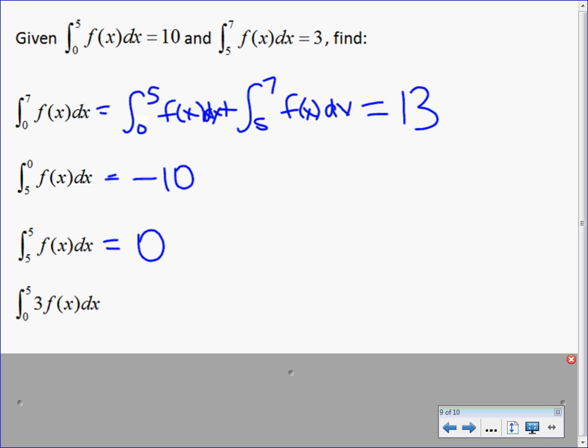The integral from 0 to 5 of 3 times our function: we can take this 3 out and multiply it times our integral, which means we have 3 times 10.